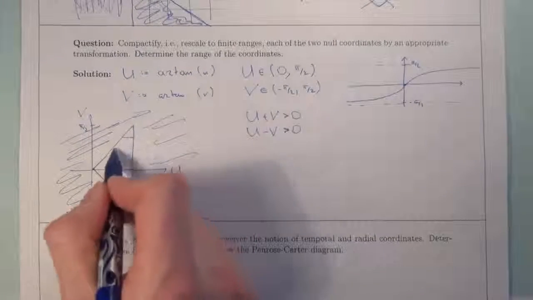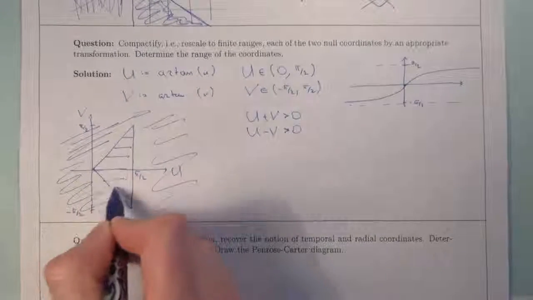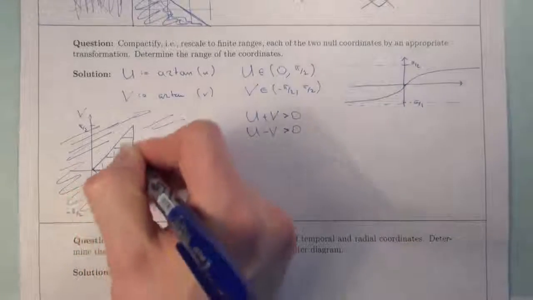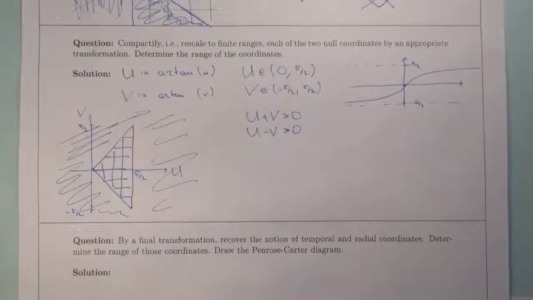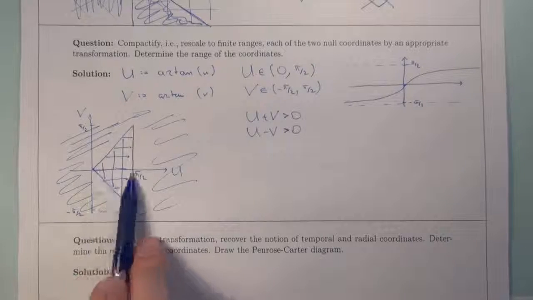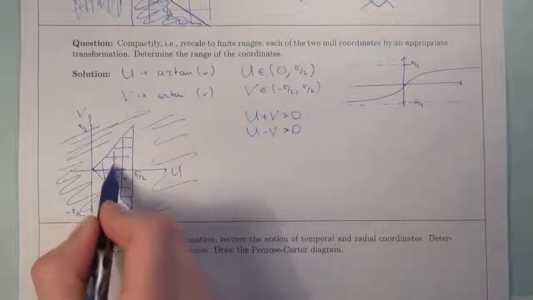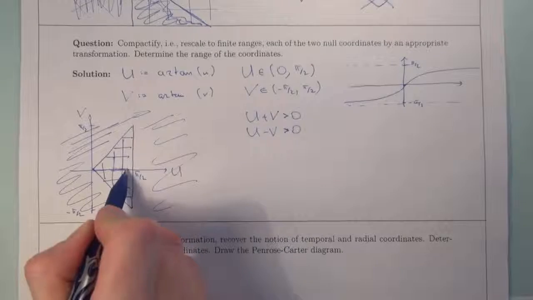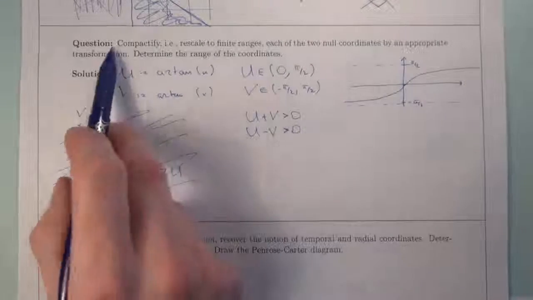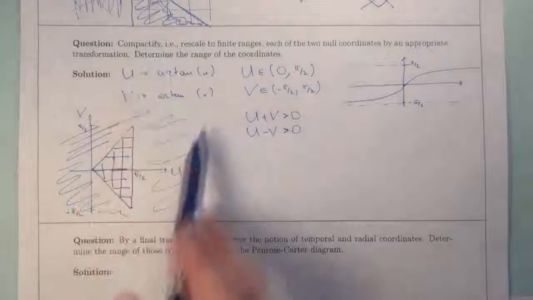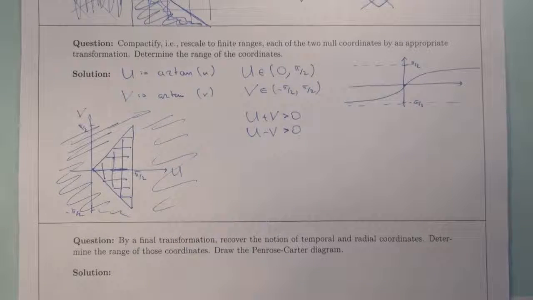And still the geodesics are either that or that. So we preserve the cone structure, which is this one, but compactified, or one would better say bounded our range of coordinates.